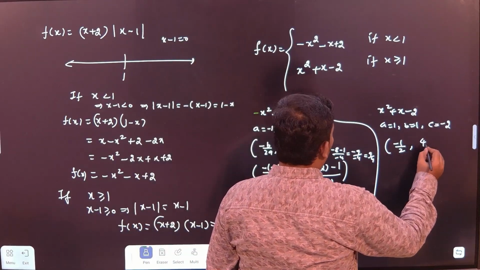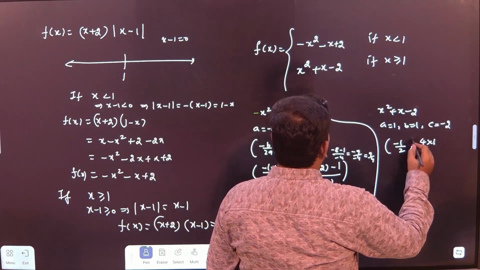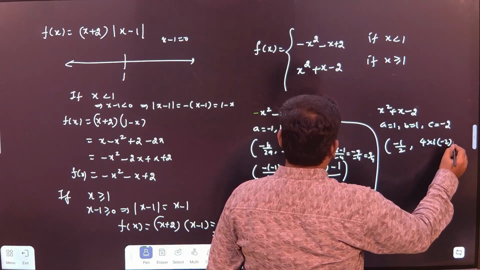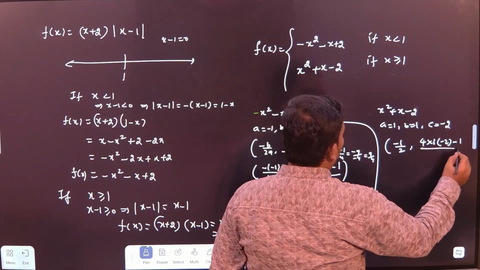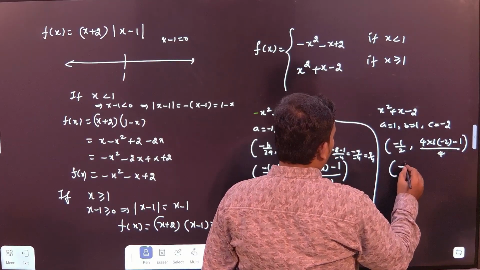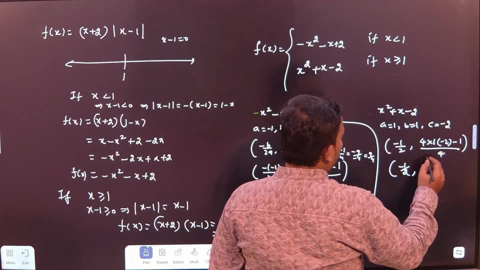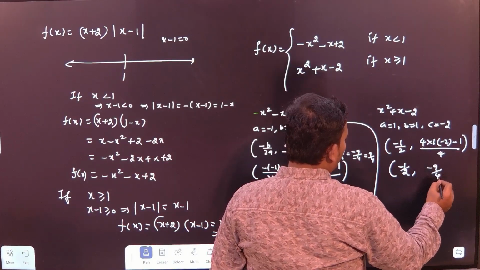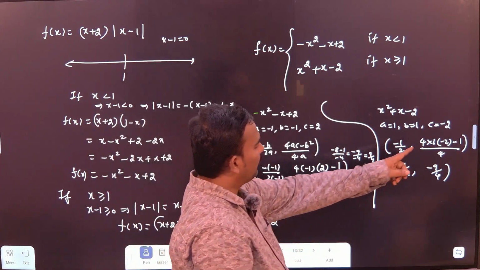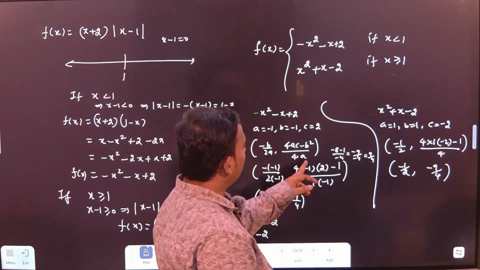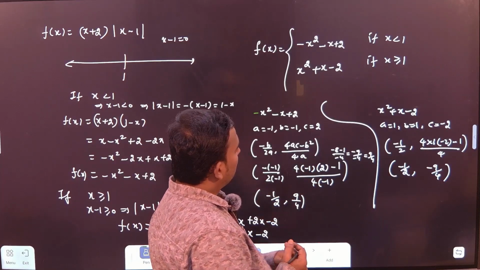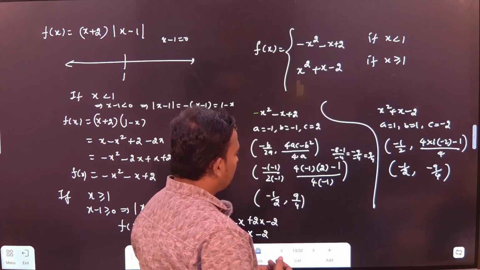So, 4AC, 4 into 1 here is 1, A is 1, C is minus 2, minus B square, it's 1 divided by 4 into 1, it is 4, right? Minus 1 by 2. So, minus 8 minus 1 is minus 9 by 4 we will get, right? Check it once here, it's correct or not. 4 into A is 1 and C is minus 2 here. Yes. Minus 8, minus 9 by 4. Yes, good.